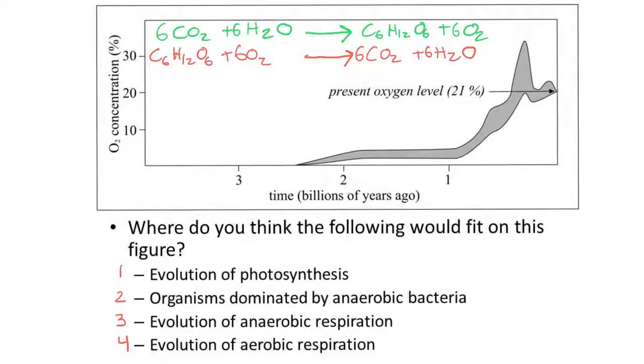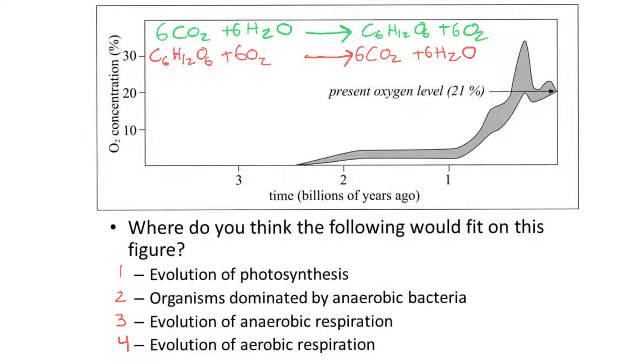I numbered these just so I could put them on there easier. Let's start with number 2, anaerobic bacteria. What does anaerobic mean? Without oxygen, yeah. Anaerobic bacteria generally die in the presence of oxygen.